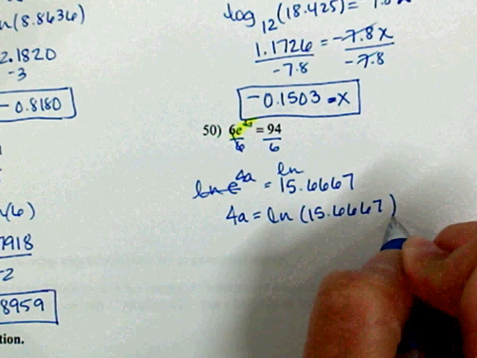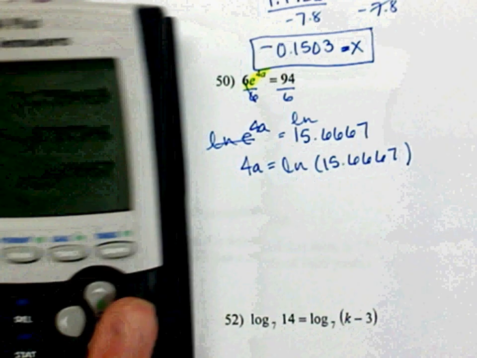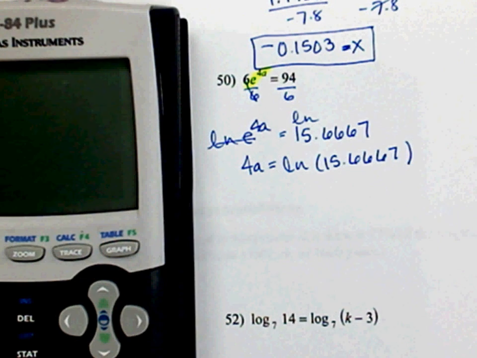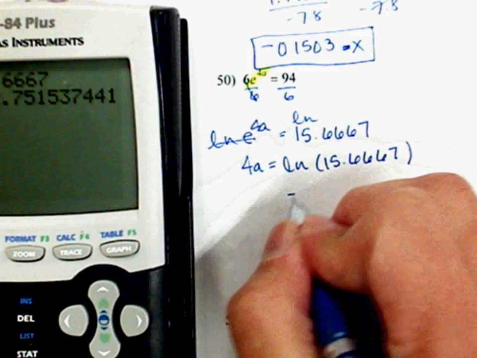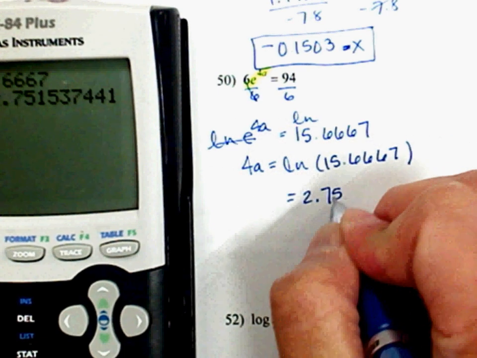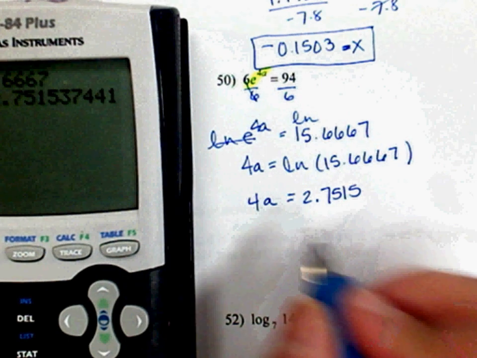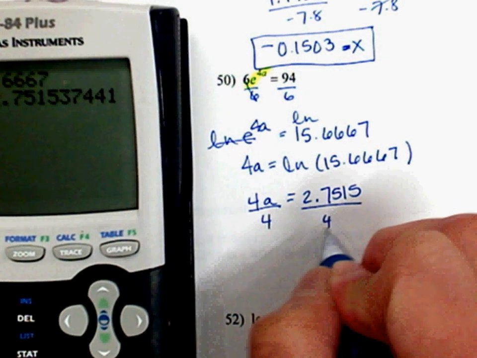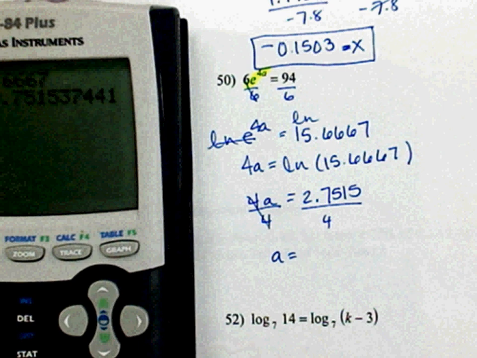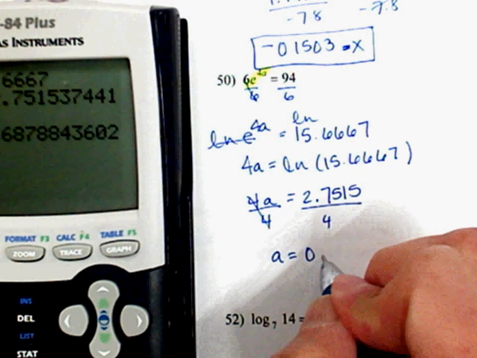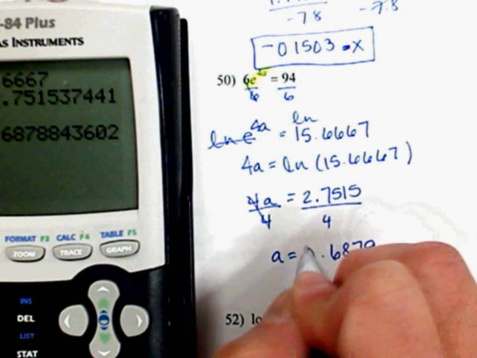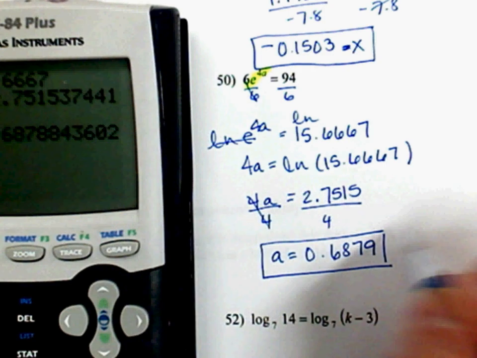Go ahead and simplify that to an easier form, which comes out to be 2.7515. Bring down your 4a. Solve for a. Divide both sides by 4. That comes out to be 0.6879. So it's all the solving you've done in the past.